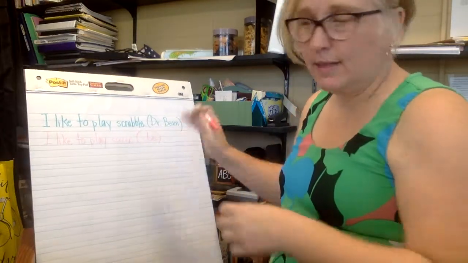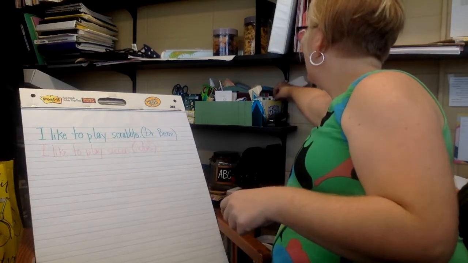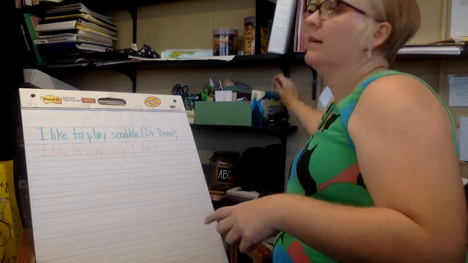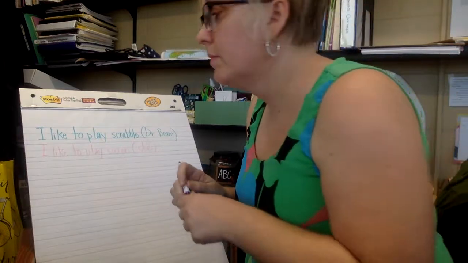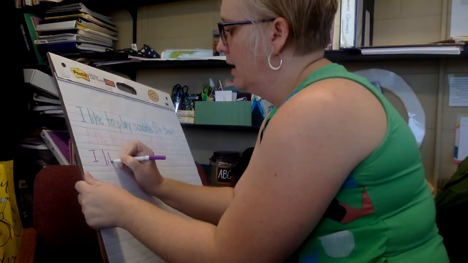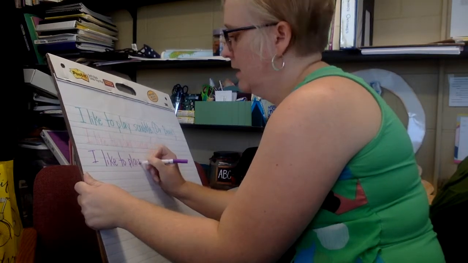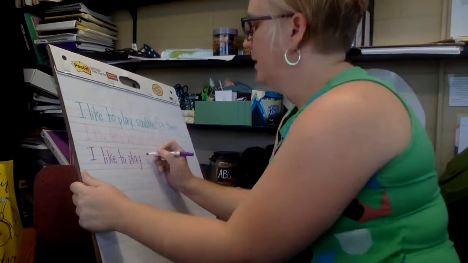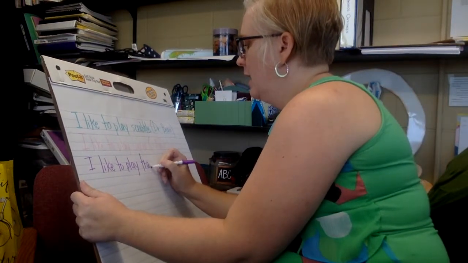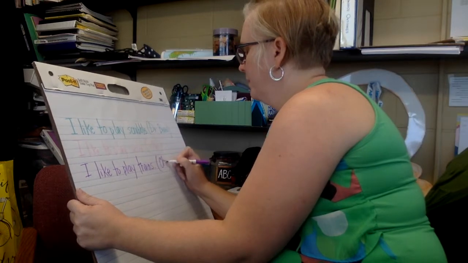Then I go on to the next student, and he says, "I like to play trains." So I write that: I like to play trains. And we're going to say that Chris said that.